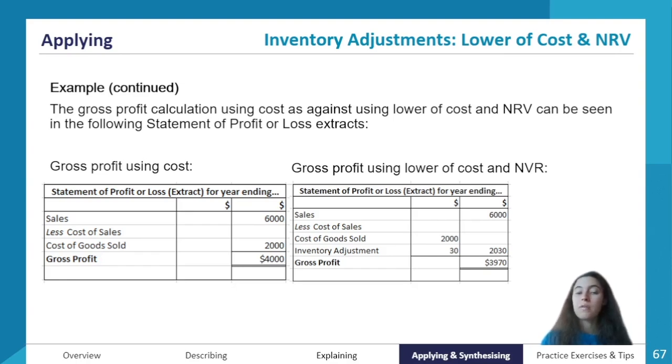You've got your sales of 6,000 that we were told we had, and you've got your $2,000 worth of cost of goods sold. But when you're using the lower of cost and NRV, you are including the inventory adjustment for the $30, because that's what we identified as the difference between the two. And that slightly changes our gross profit figure.